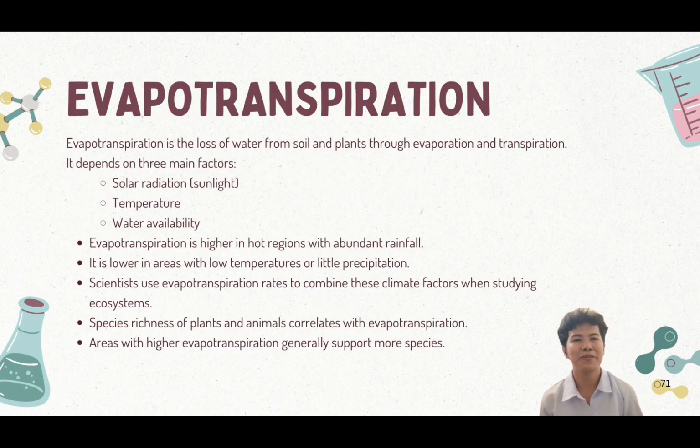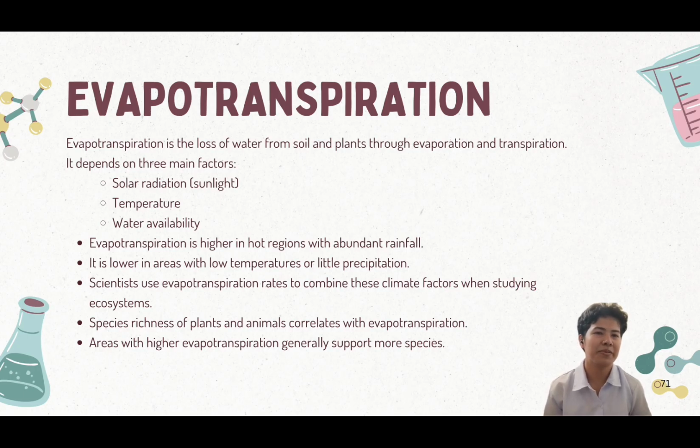Moving on to evapotranspiration, which is the loss of water from soil and plants through evaporation and transpiration. It depends on three main factors: sunlight, temperature, and water availability. Evapotranspiration is generally higher in hotter regions with abundant rainfall, while it is lower in areas with low temperature or little precipitation.